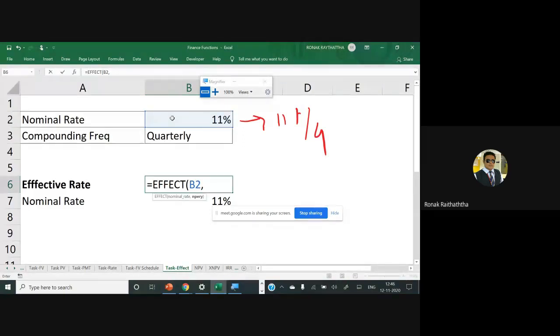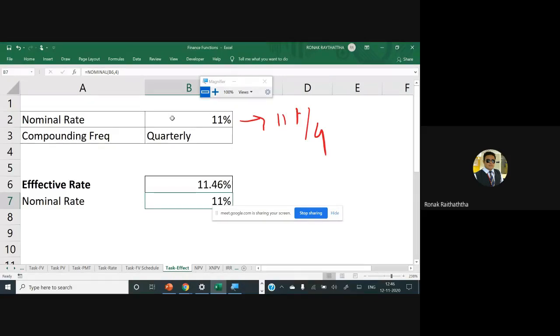If daily, my number of periods in the entire year would have been 365 or 364, whatever the case may be. So here I have 4, closing the bracket, pressing enter. So the effective rate you have got is 11.46% for the entire year. I hope it's clear now.